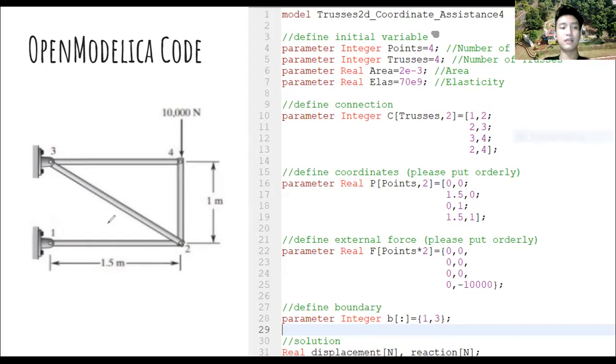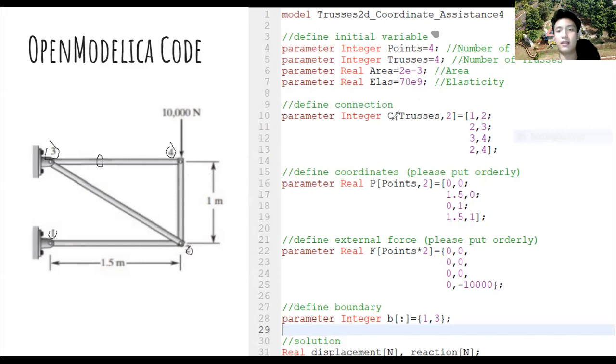We have 4 points: point 1, point 2, point 3, point 4. We can call a node a point. In line 5, we state the number of trusses, which is 4. In line 6, we state the cross-sectional area of the trusses, which is 2 times 10 to the power of -3 square meter, and the elasticity of the aluminum alloy, which is 70 gigapascal.